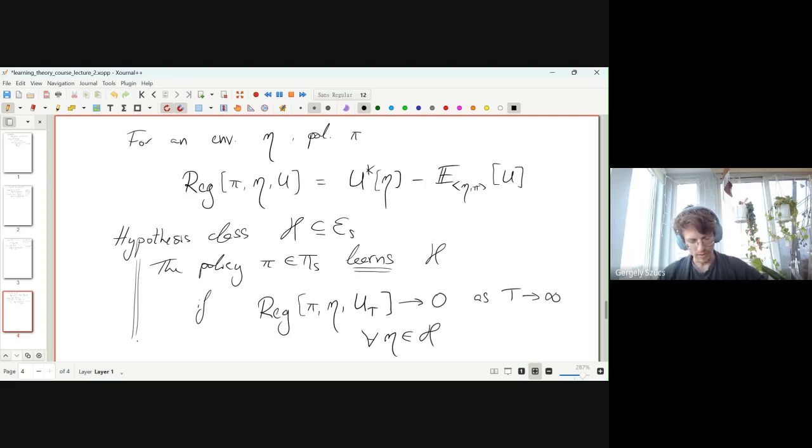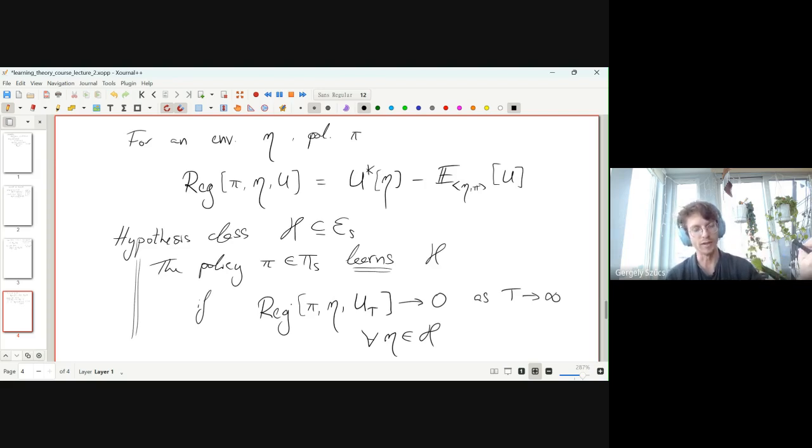So why is this a reasonable definition of learning? Suppose its limit was not 0. That means there's going to be a certain fraction of times when the policy does something wrong. Let's say your policy is trying to classify cats and dogs, and you end up with a regret that stays above 10%.